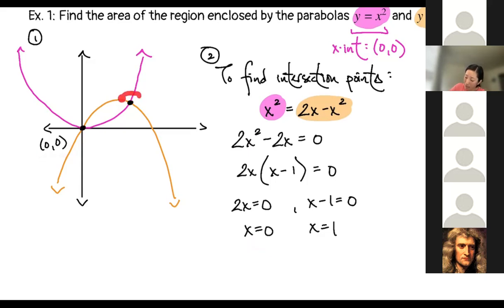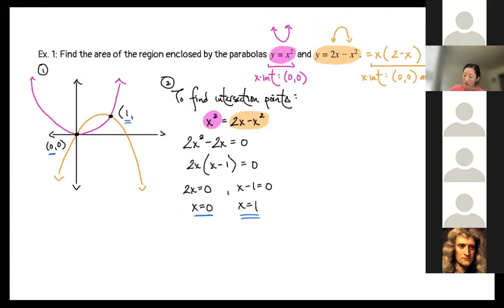That means that this point right here must have an x value of 1. So we've got this x equals 0 is this x equals 0. And this x equals 1 is this one, okay?